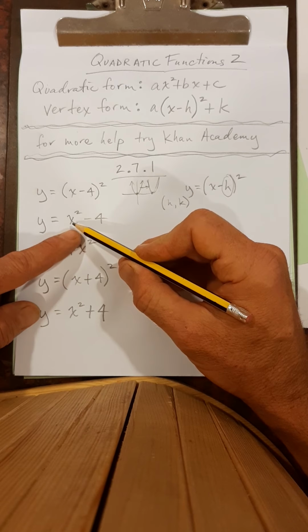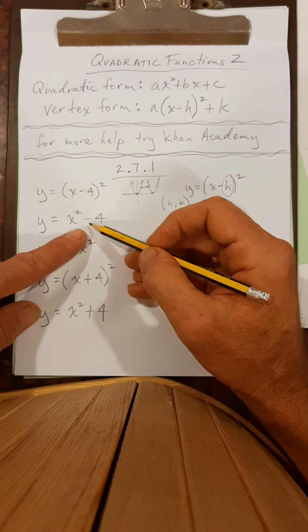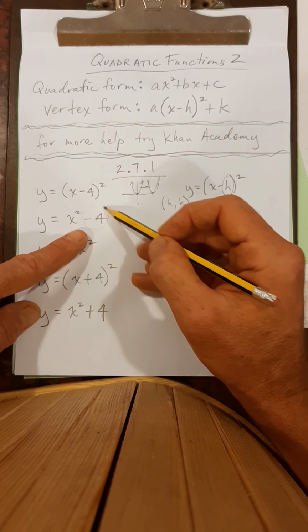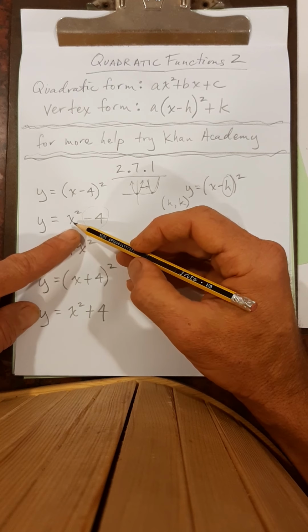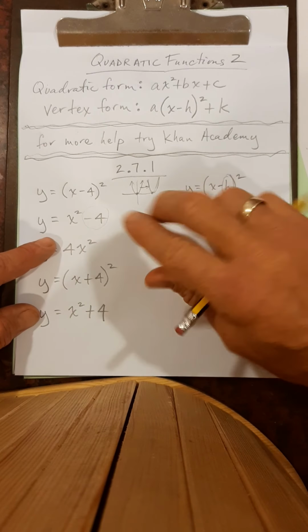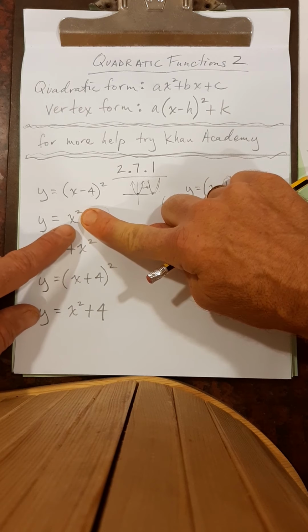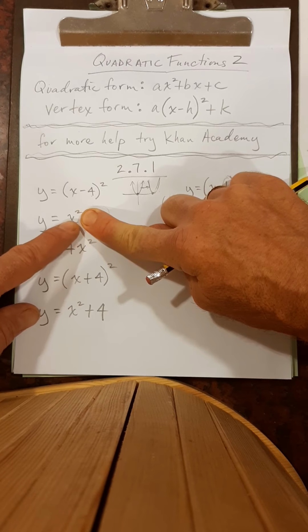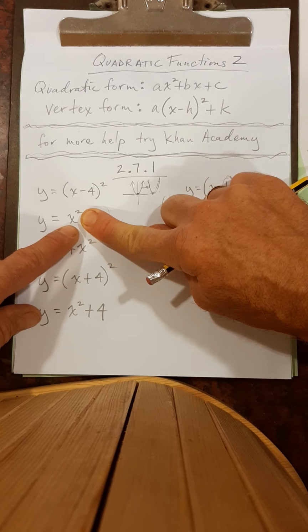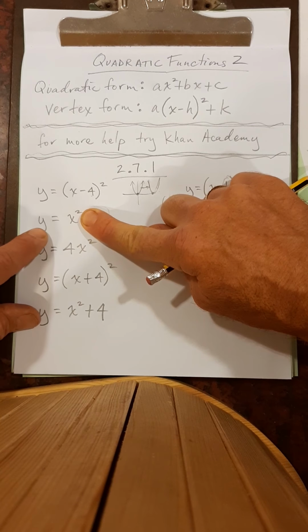What happens here? Well, I have the minus 4 outside the brackets, so let's think about it. Once again, no matter if I put a negative value in for x or positive value, I always get positive or 0. The lowest I can go is 0, right? My minimum value for y is 0.